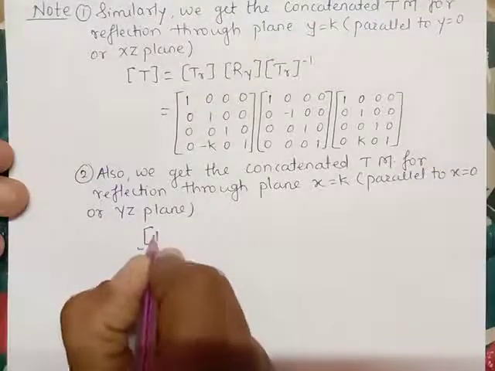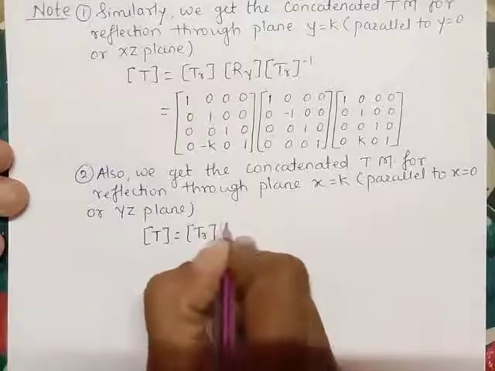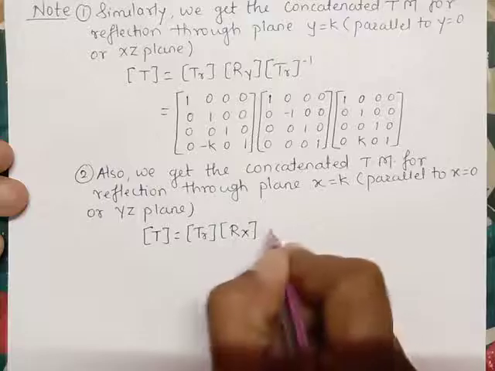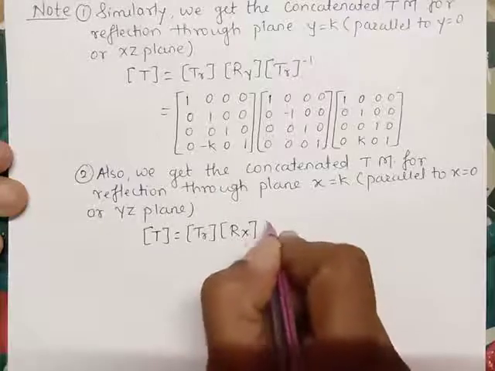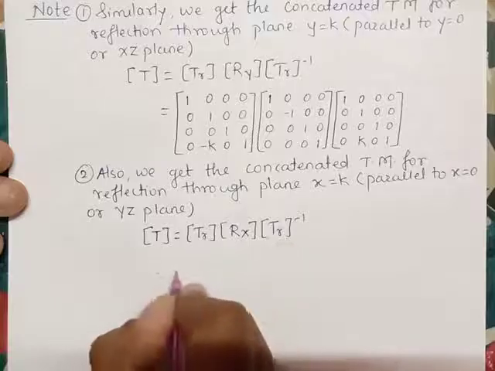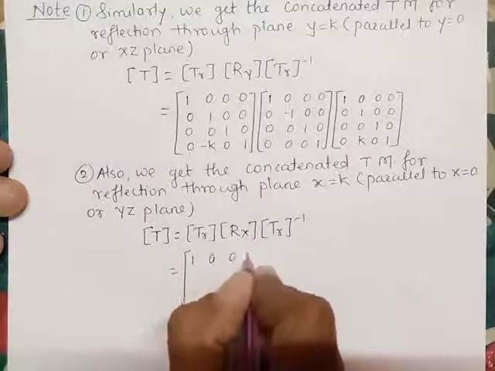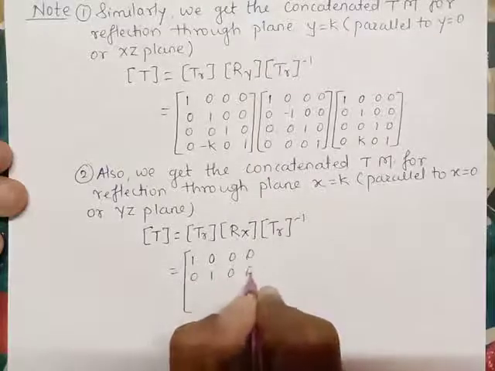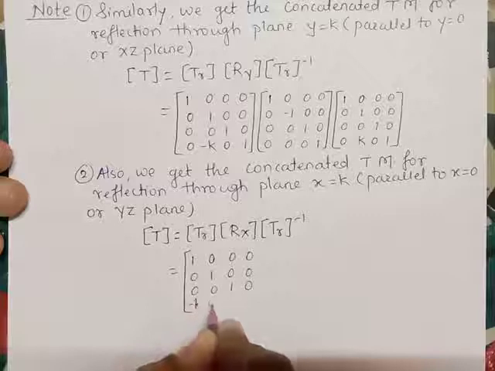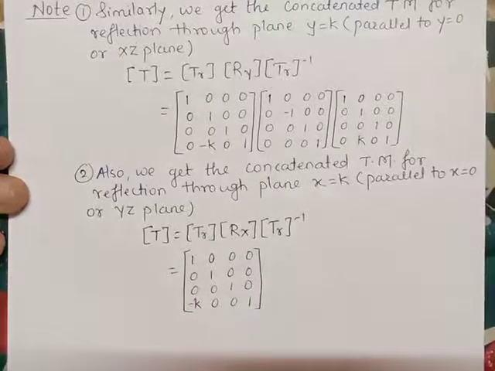What does that? T equal to translation, then reflection through x equal to 0 or yz plane into inverse translation. So that is the matrix is this one.